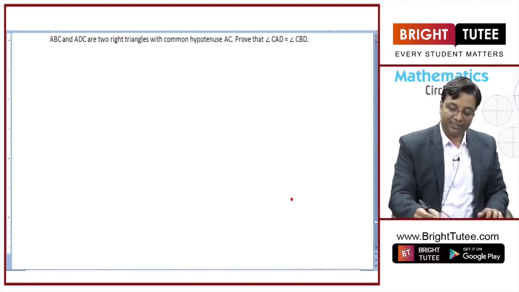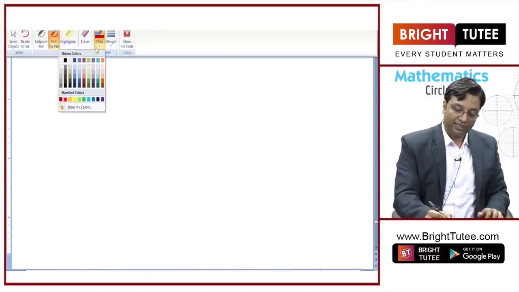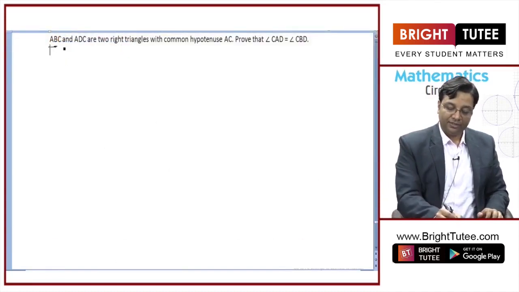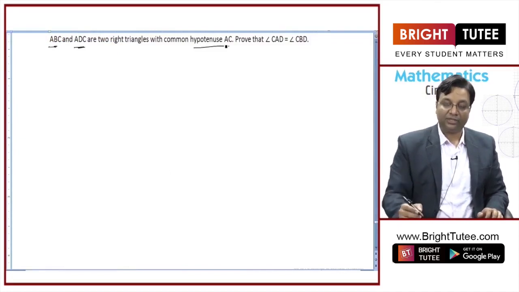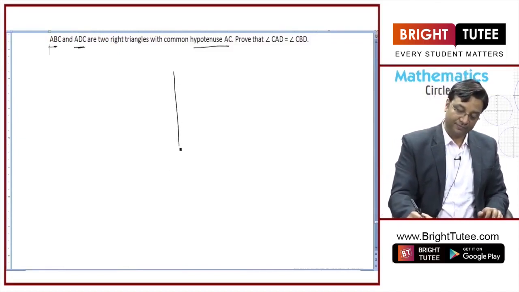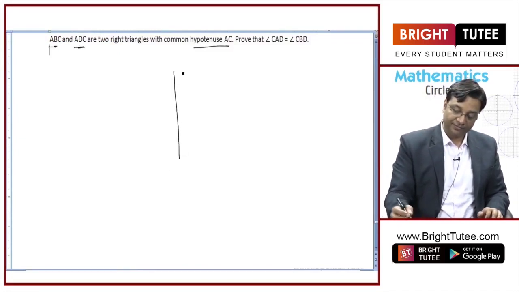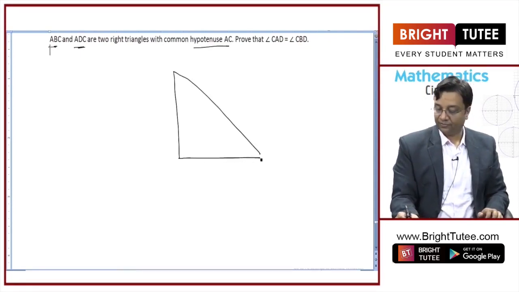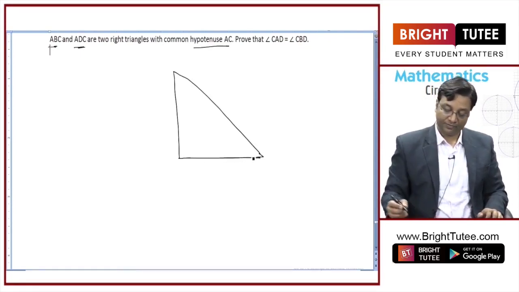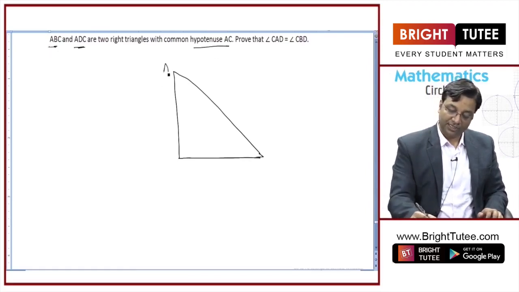Now, ABC and ADC are two right triangles with common hypotenuse AC. Let us look at this. The common hypotenuse is AC, right?